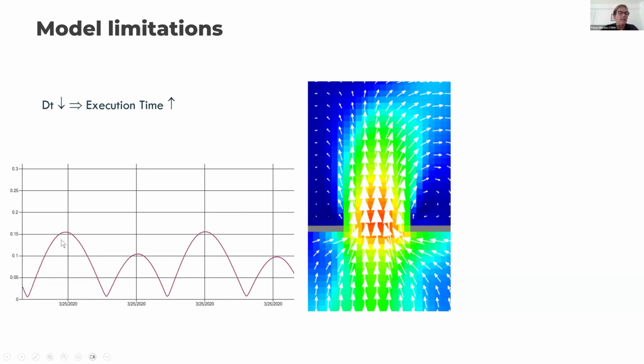And these are the velocity modulus in a point somewhere here in the maximum, during the ebb and during the flood. So if the delta t is higher, so if the time between ti and ti plus 1 is higher, the execution time decreases. So that's what I want, to increase delta t to decrease the execution time.